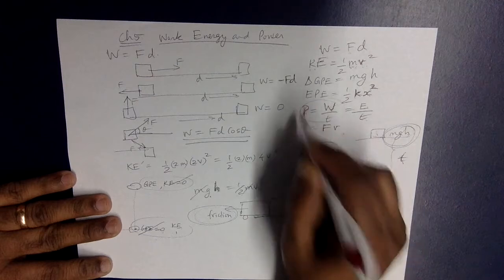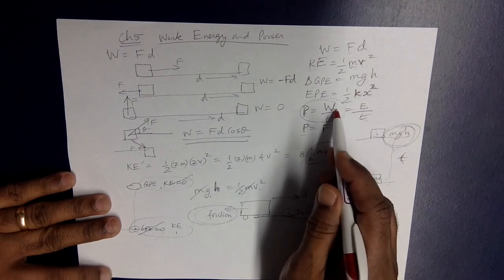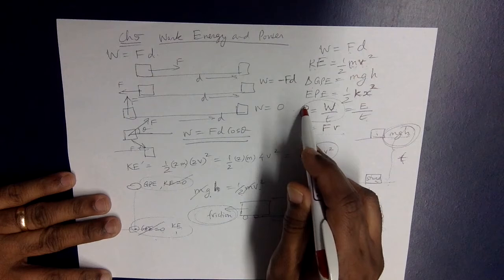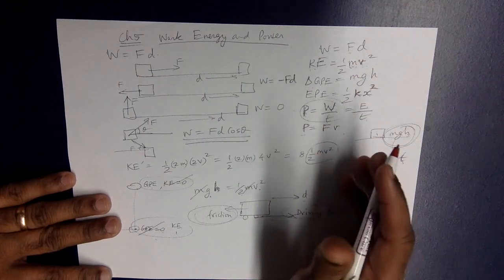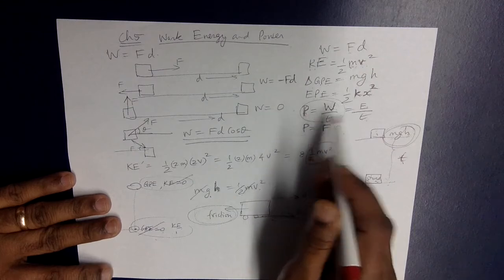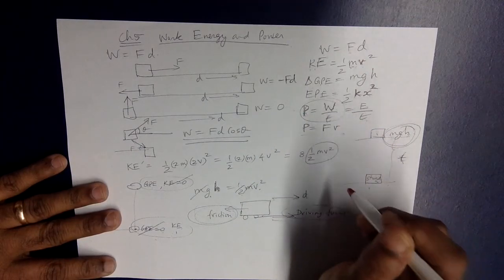Now remember, when you're using these equations, power must be in watts. The work must be in joules, and the time will be in seconds. Now if the power is given in some other unit like kilowatts or megawatts, you have to change it to watts before using it. And if you do so, you'll get the time.